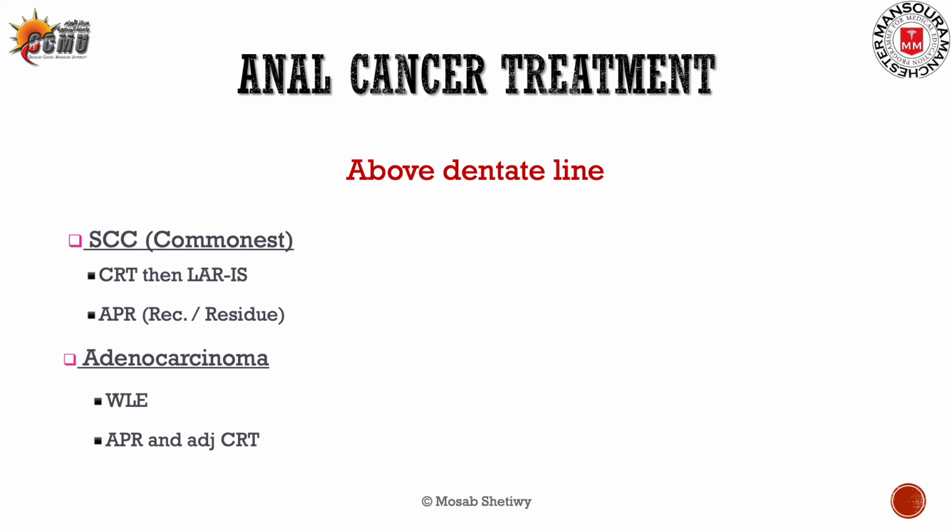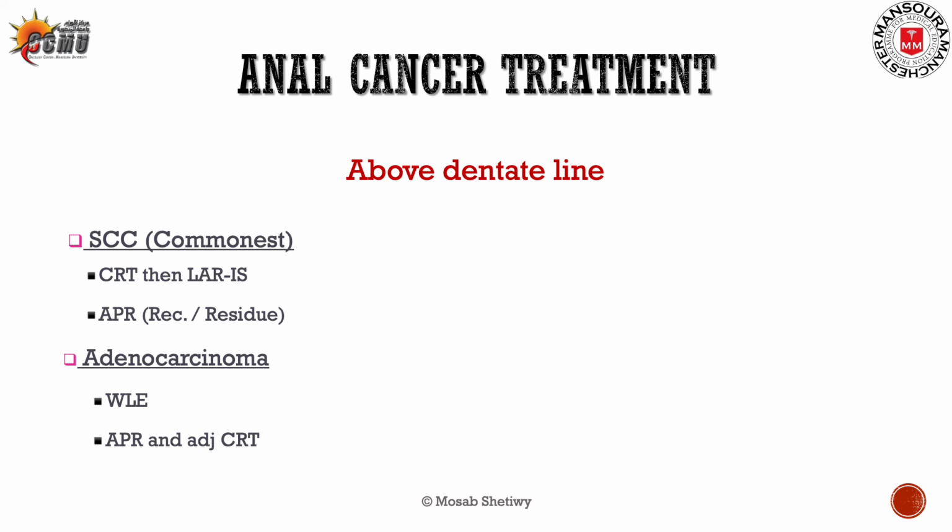The primary or first line of treatment is going to be chemoradiotherapy to downstage the tumor, and thus low anterior resection with sphincter-preserving surgery is then feasible. For recurrent or residual disease or a compromised sphincter, abdominoperineal resection is done.